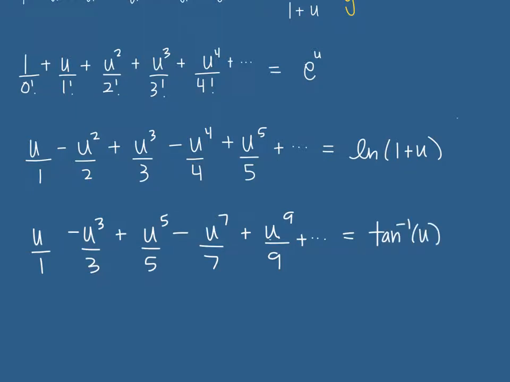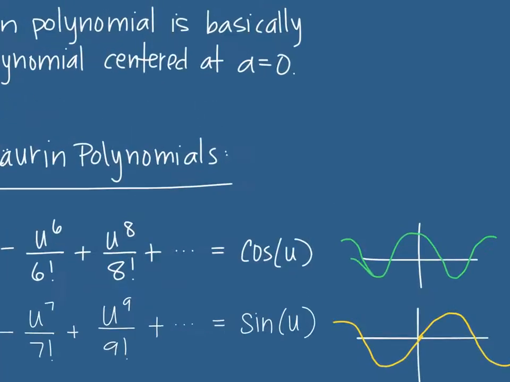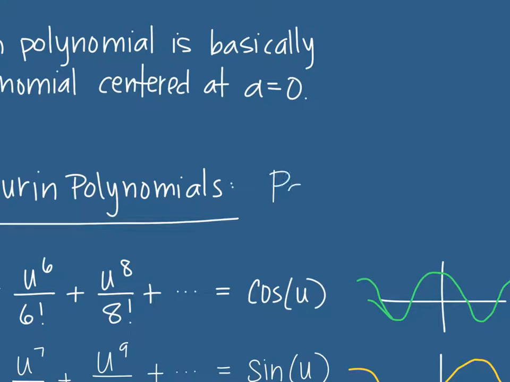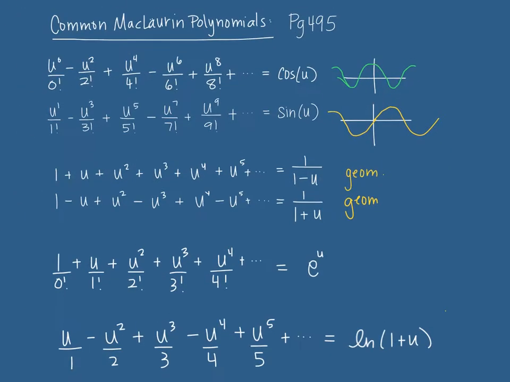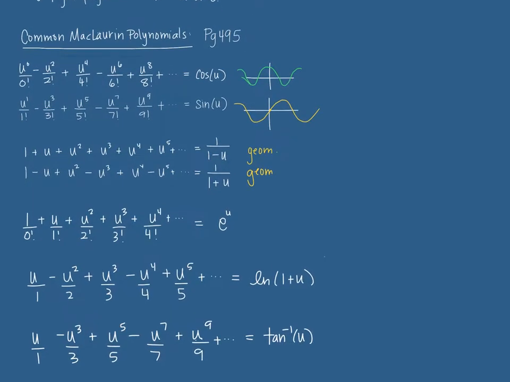Okay, that's it. These are all found, if you want to reference them again, on page 495 in your book. Like I said, it is not going to be the end of the world if you don't memorize these, but it will save you time if you learn to recognize them so that you don't have to generate them from scratch every single time.